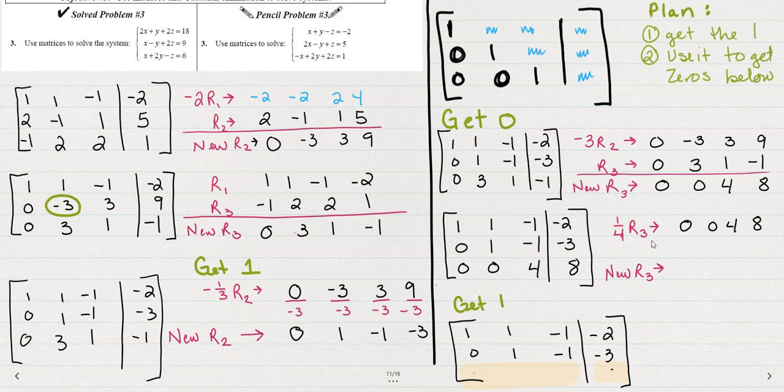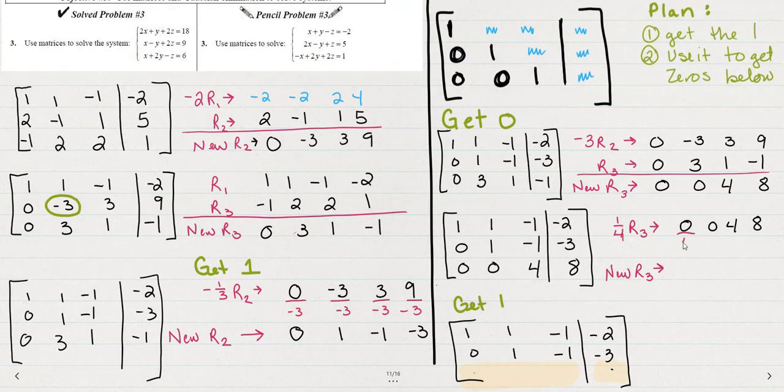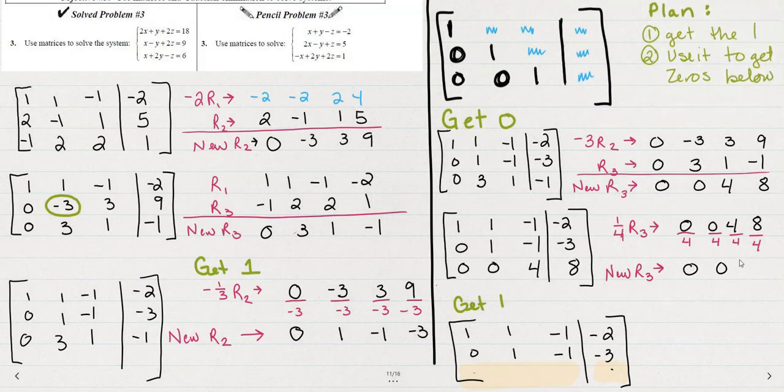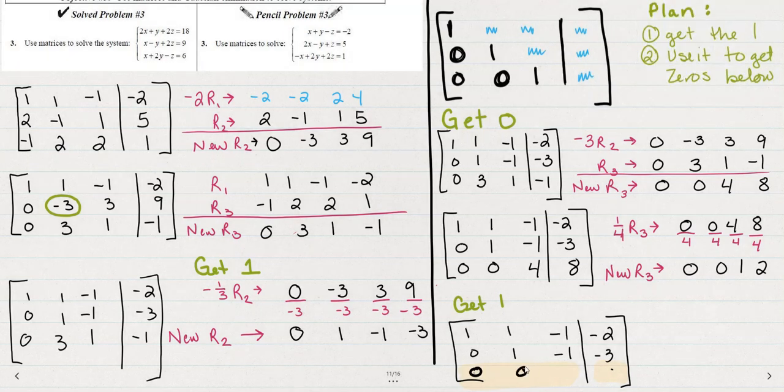We would take 1/4 of this, so it's the same thing as dividing by 4, right? So our new row 3 would be 0, 0, 1, 2. And I'm going to write that in the matrix, and we're done. 0, 0, 1, 2. Our matrix is now finished.